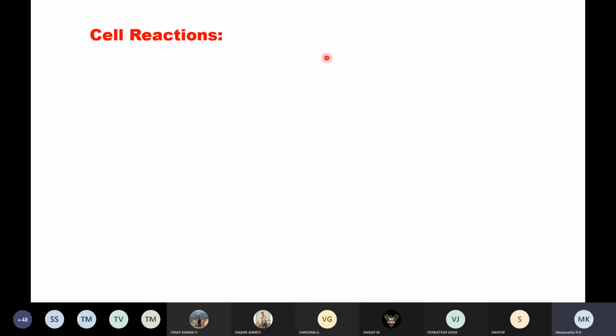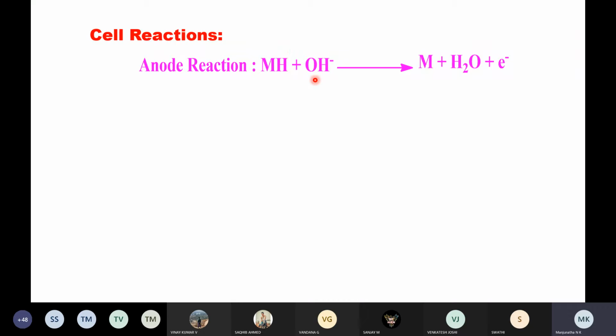At the anode an oxidation reaction takes place, in which the metal hydride present as the anode material undergoes oxidation in the presence of hydroxyl ion from the electrolyte, forming metal with the liberation of electrons. This is the oxidation reaction observed during the discharging process of a battery. The metal hydride present as anode material is oxidized to a metal with liberation of electrons.